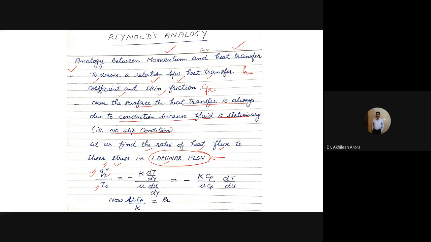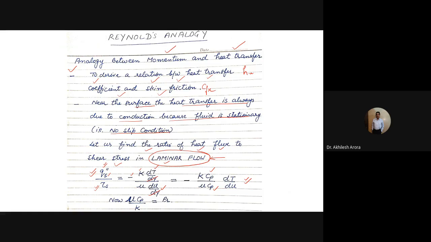So I can write minus K dT by dy, where dT by dy shows the variation of temperature in the y direction, divided by mu du by dy. We can see here this dy and dy cancel out, and in the next step we have multiplied and divided by Cp. There is a particular reason why we are doing so. So this is the expression that we get.